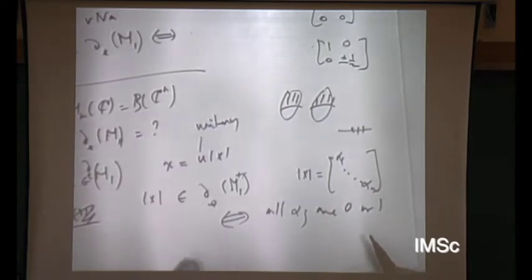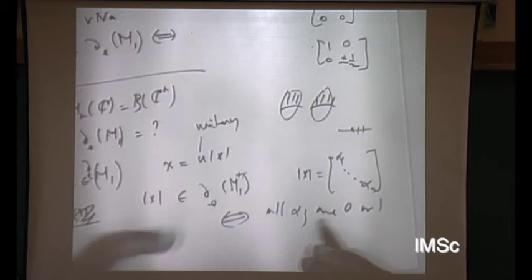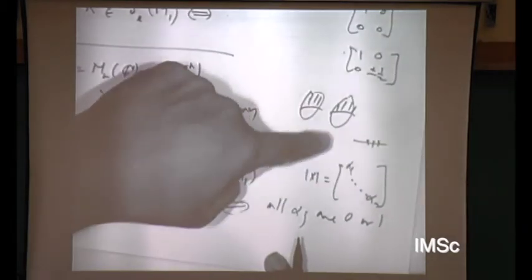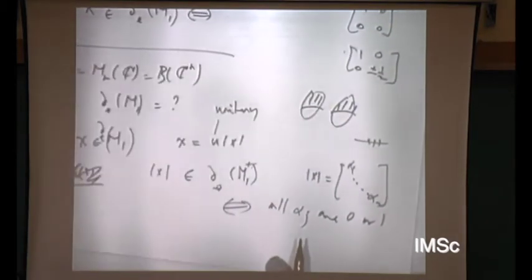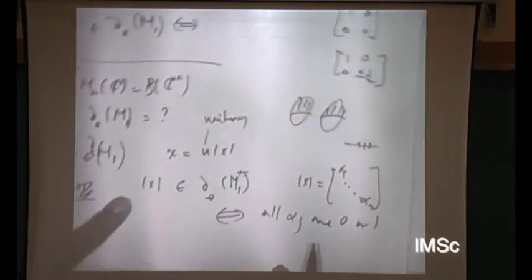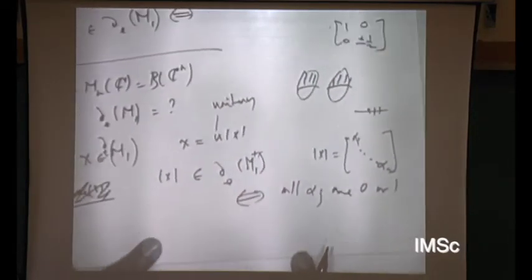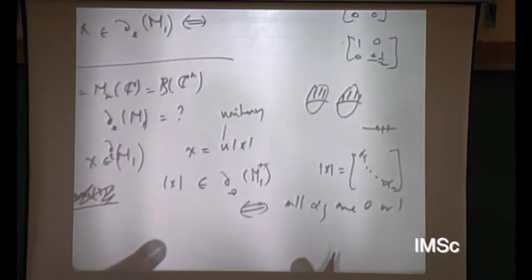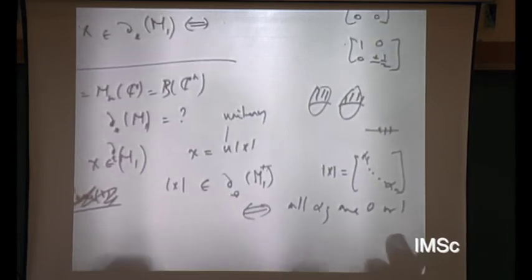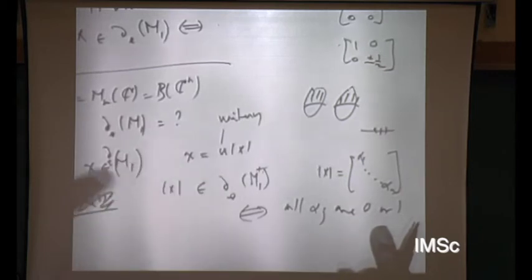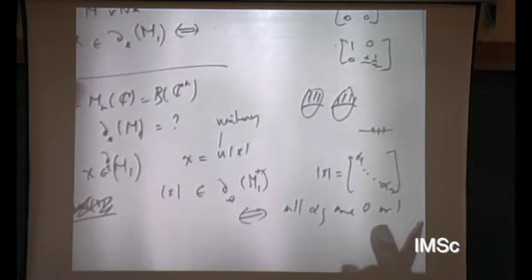That's what this says. That means that everything must be 0 or 1 here, but you cannot rule out the 0 thing because you're in Mn.